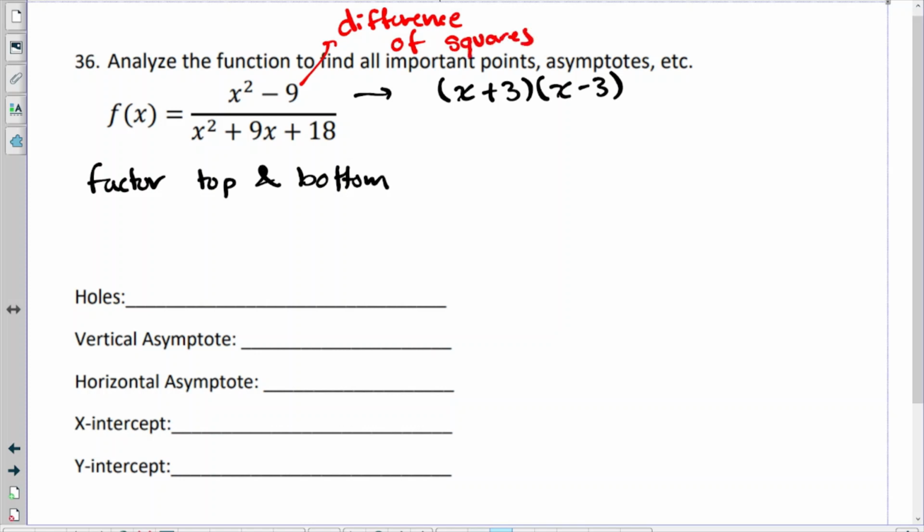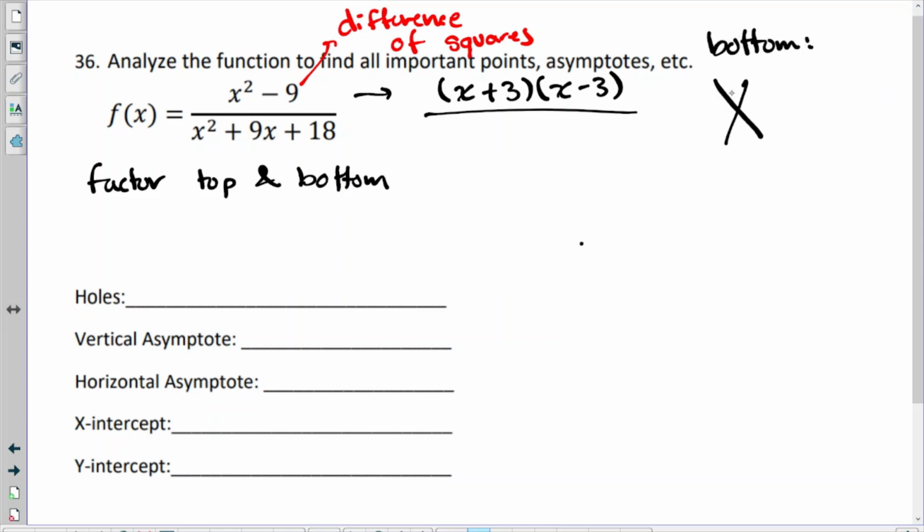And then divided by, I actually have to factor the bottom. It's multiply to 18, add to 9. That's got to be 6 and 3. So this is going to be x plus 3 times x plus 6.